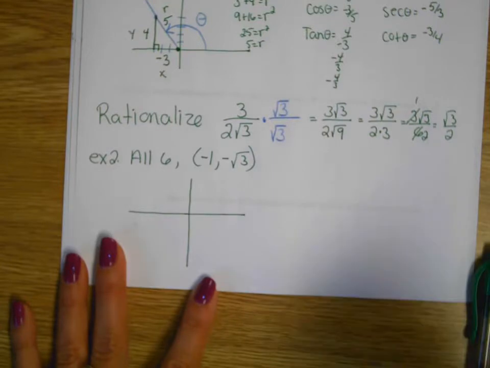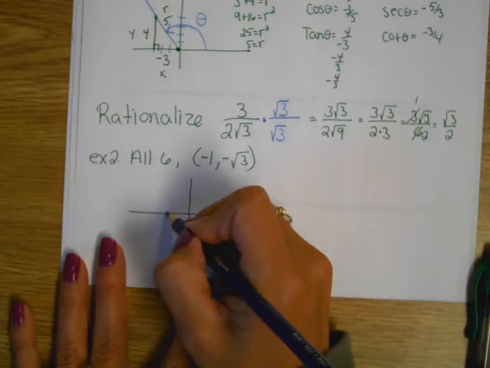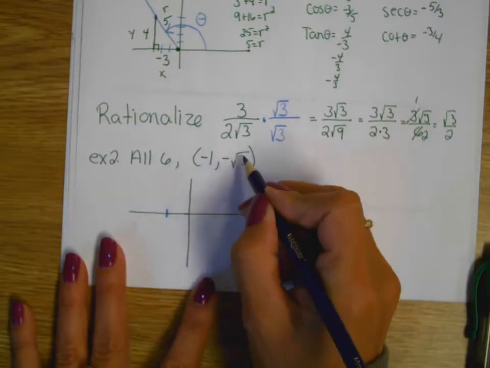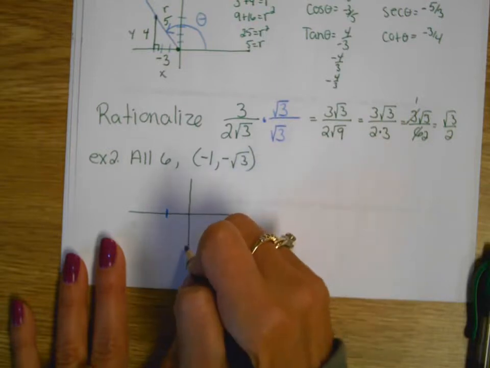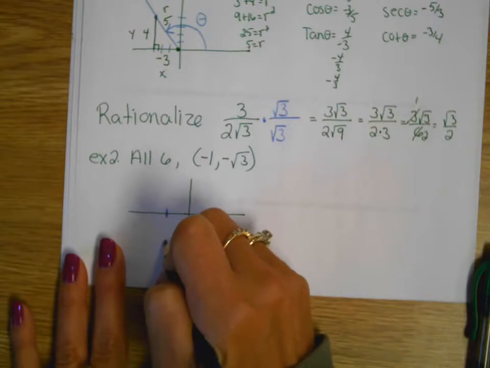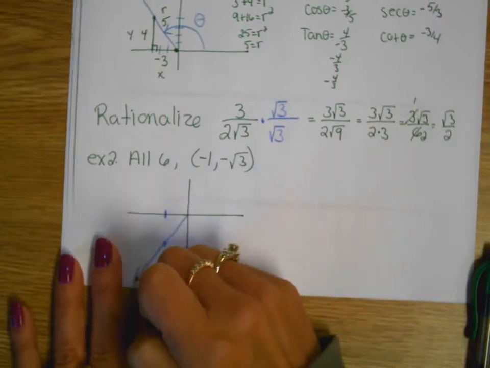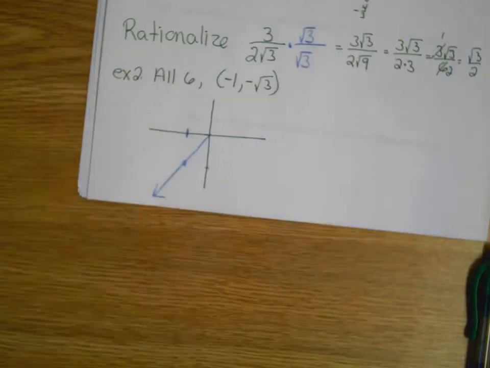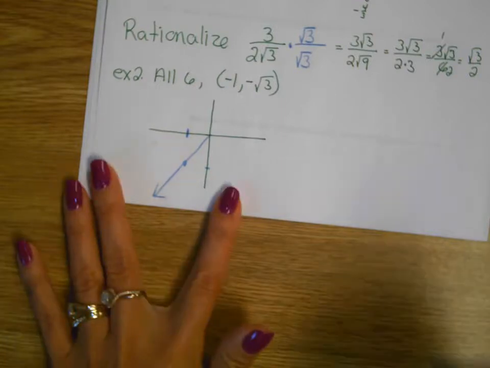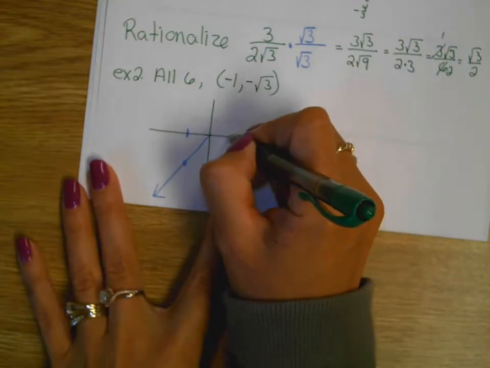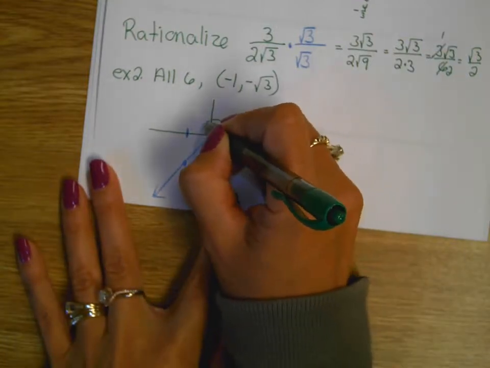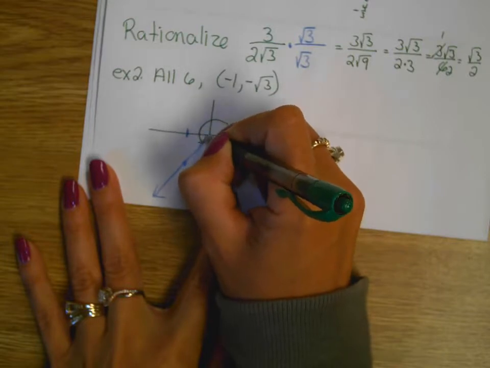Third quadrant. So -1. And then negative square root of 3 is like negative 1.7-ish, so about right about there. So about here. So our angle that we're finding all 6 ratios for started here and then rotated into the third quadrant.